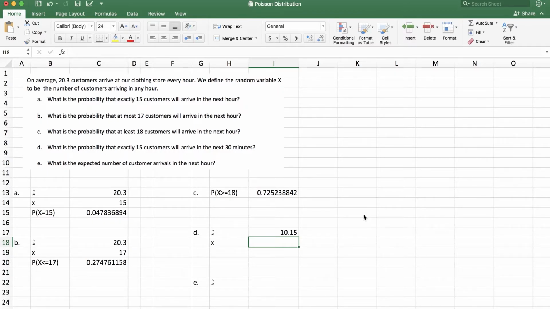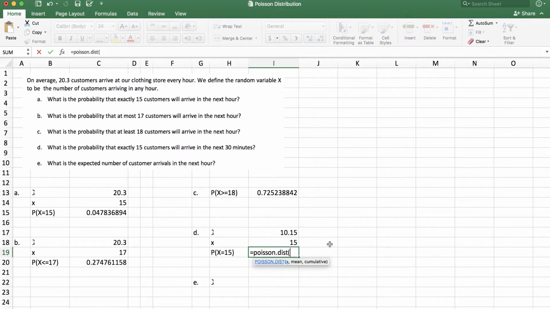All right. So we are going to follow the same approach as part A here. Nothing special. The X value is 15, as we are looking at exactly 15 customers. So the probability X equals 15 is what I am looking for. Ask yourself now, is this cumulative or not? You already know the answer: it is not cumulative.